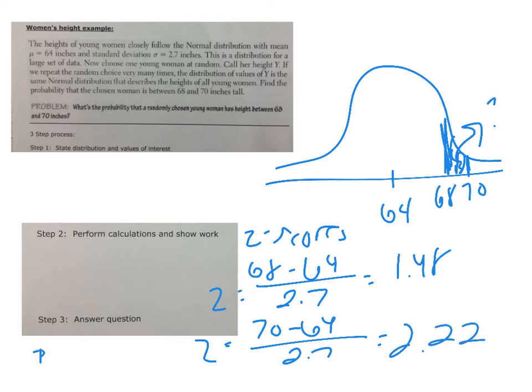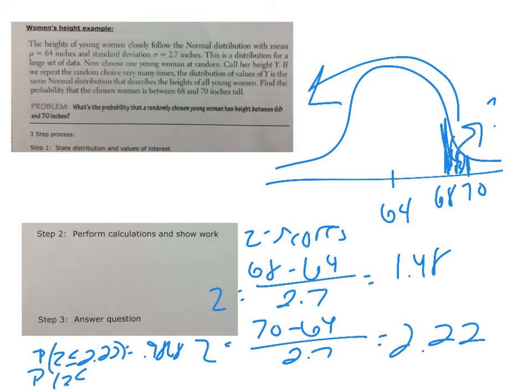Then I can use my table. The probability that z is less than or equal to 2.22 is 0.9868. Remember, the z-scores on my table show me everything to the left of the point I'm looking for. The probability that z is less than or equal to 1.48 is 0.9306.